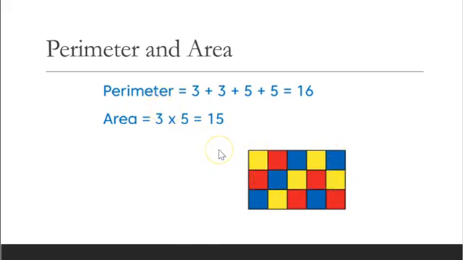Or I can use my multiplication skills because this is in a rectangle shape and it has 5 in each row, and there are 5 in each column, and there are 3 rows. So I can do 3 times 5, 5, 10, 15, to get 15 square units.